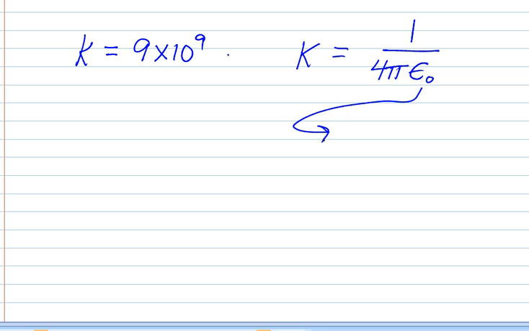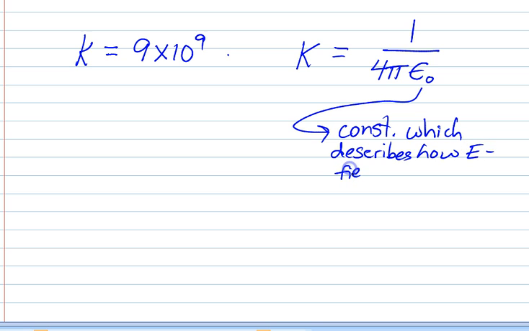And this is a constant which describes how easy it is for electric fields to move through space. And in this case, when we talk about epsilon naught, we're talking about a vacuum.